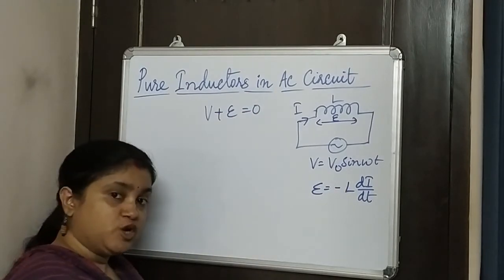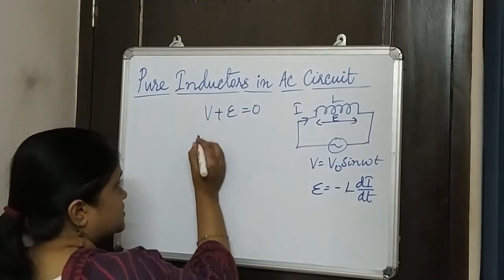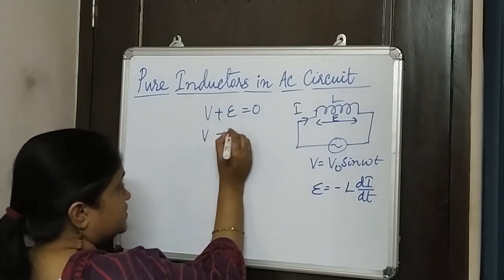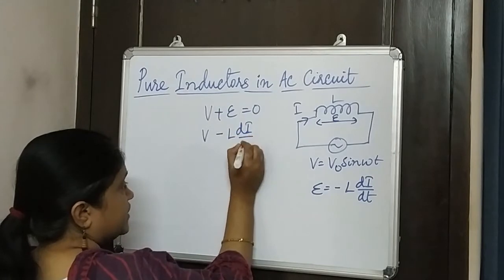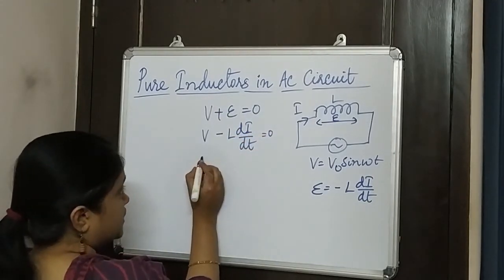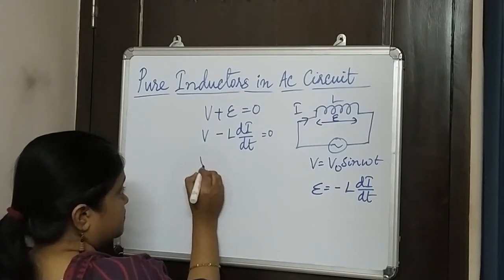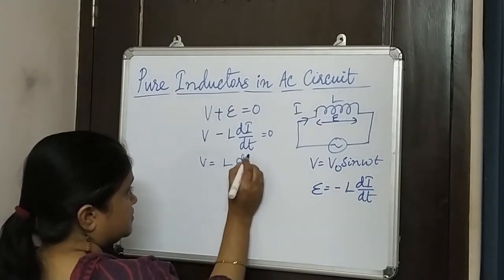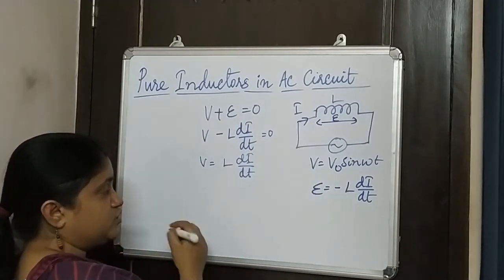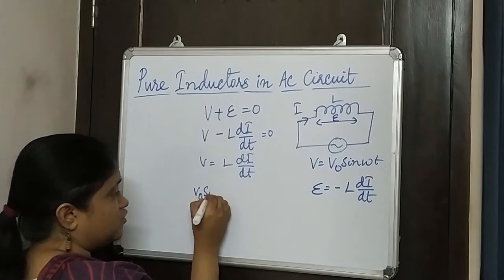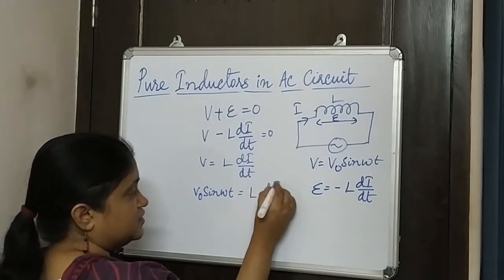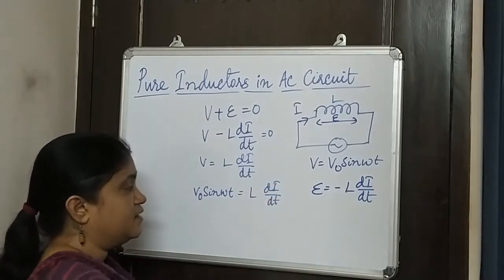When we substitute it, we get V minus L di by dt is equal to 0, or we can write V equal to L di by dt. Now substituting for V, we write V naught sine omega t is equal to L di by dt.